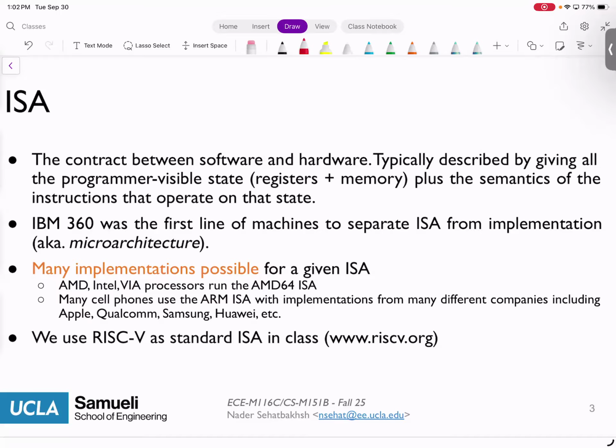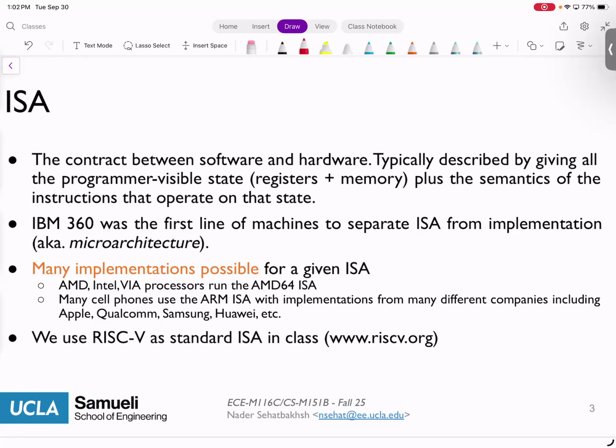Okay? This lecture will be mainly focused on the ISA itself and the interface. In the next lecture, we're going to actually talk about one instance of the microarchitecture that we're going to focus on in this class. Okay? So generally, as I said, there are many possible implementations of a given ISA.